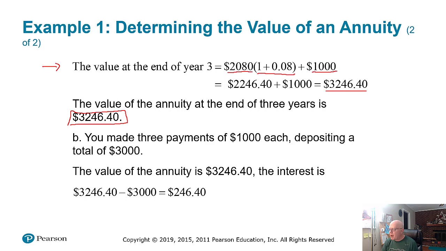You made 3 payments, each of $1,000. So you deposited a total of $3,000, but the annuity itself is now worth $3,246.40. The difference is the interest. That's how much you've gained at that 8%.